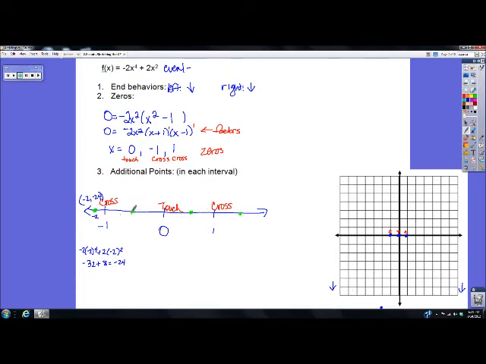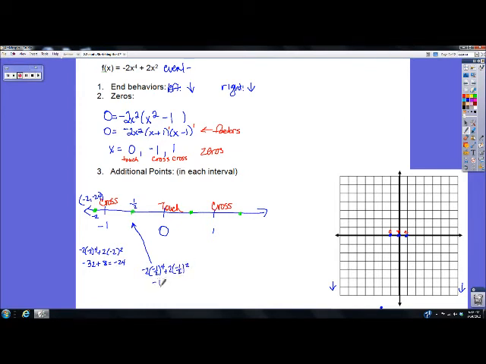Alright, let's pick something in between here. Between 0 and negative 1. Probably a good option would be negative 1/2. Okay, so I'm going to write it right down here. Negative 2 times negative 1/2 to the 4th plus 2 times negative 1/2 squared.